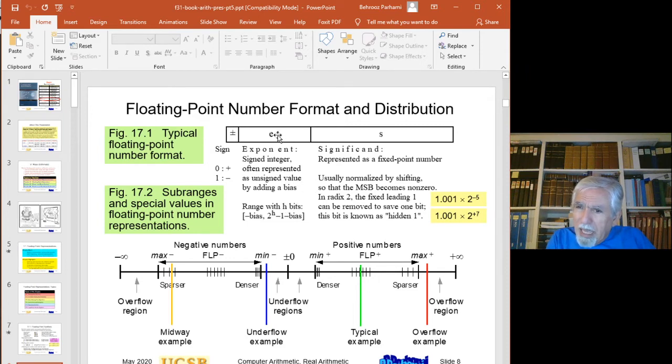In other words, add some positive number to all exponents so that the most negative exponent becomes 0. Basically the exponent becomes an unsigned number, and then we interpret that exponent. If it's a small unsigned number, then it's negative. We subtract the bias from it to see what actual exponent is being represented.